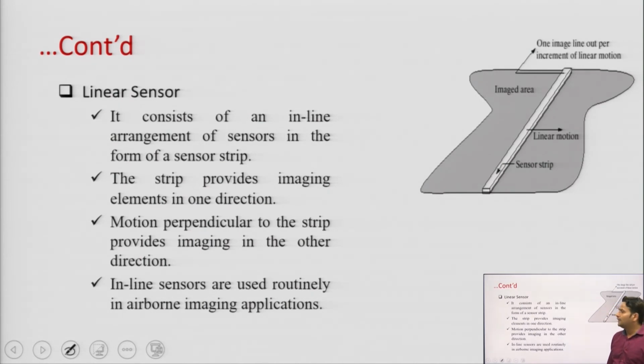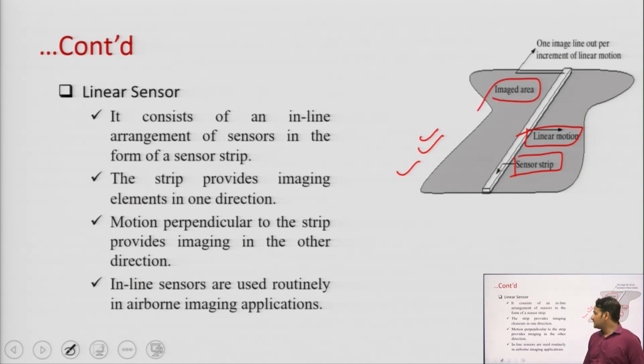If we talk about the linear sensor, then such kind of phenomenon is actually present. So, in a plane that kind of phenomenon is there. In the previous one we are using a drum, but here a complete plane you have to use, and the sensor strip is actually moving with linear motion. So, your image area actually looks like this. It consists of an inline arrangement of sensors in the form of a sensor strip as we talk about here.